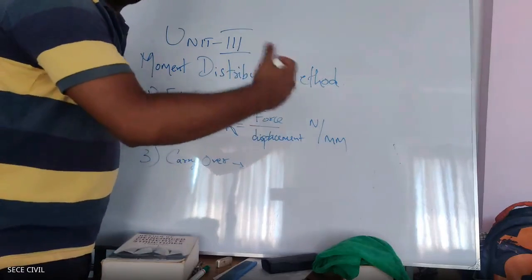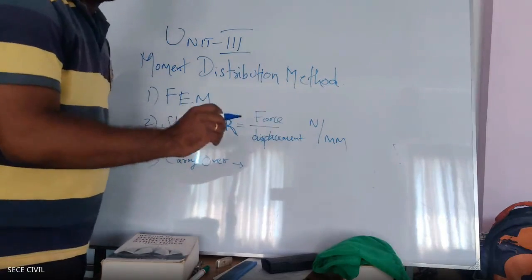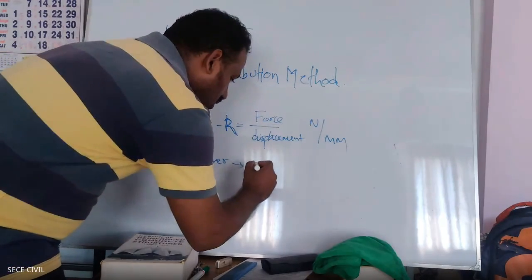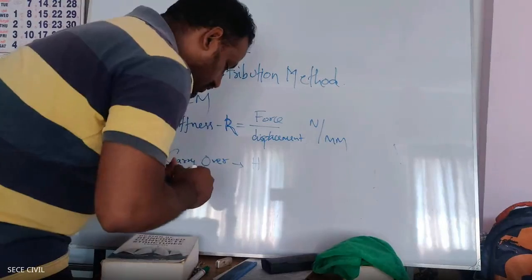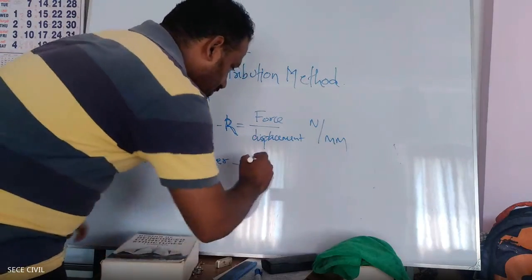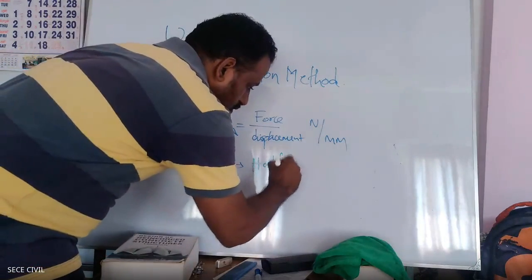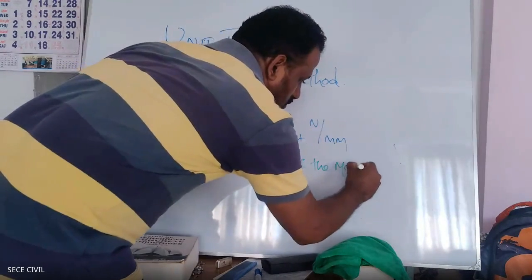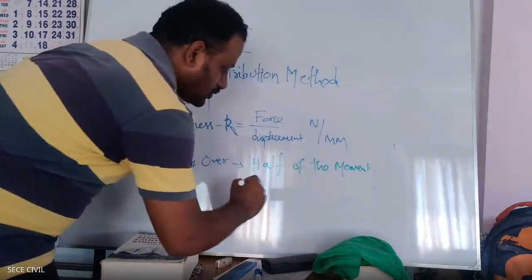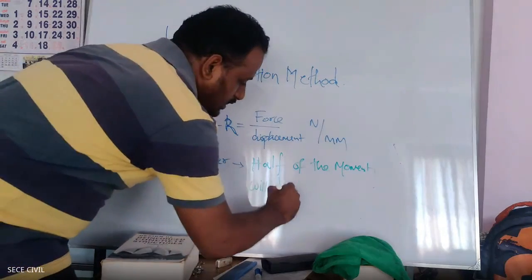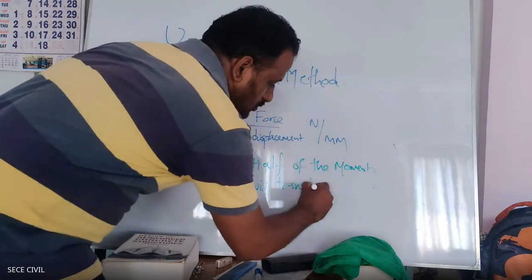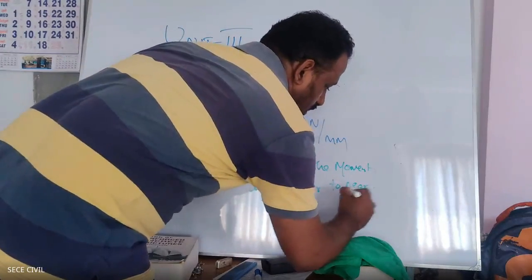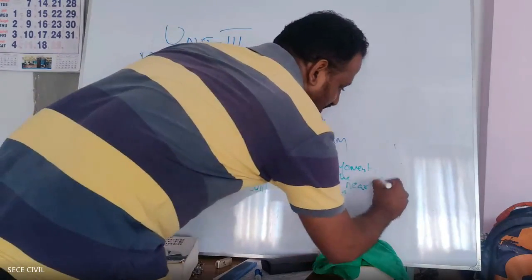Half of the moment we apply will carry over to the near end, and only if the near end is fixed can we carry over. So carryover means half of the moment will transfer to the near fixed end.